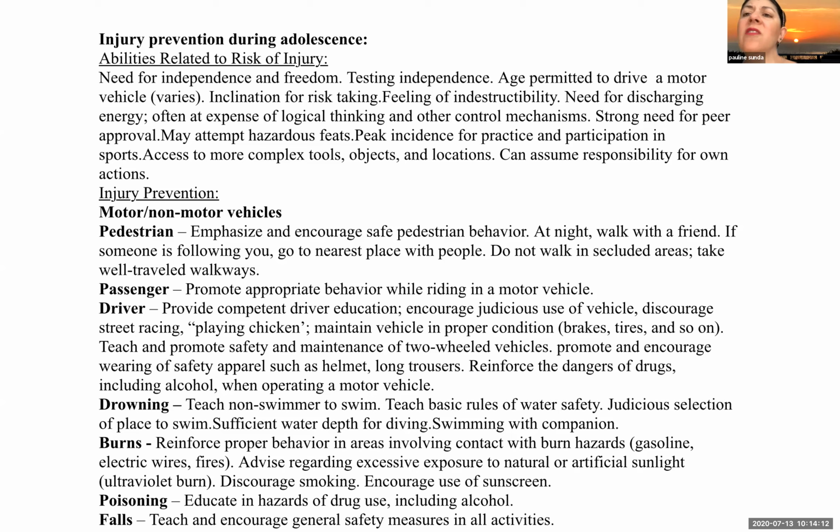They have a lot of energy and they need to get rid of it. A lot of times they're not thinking about the risks of what they are doing. There is a strong need for peer approval, so they may attempt hazardous feats. And they also have access to complex tools, and they may participate in sports that may cause injuries.